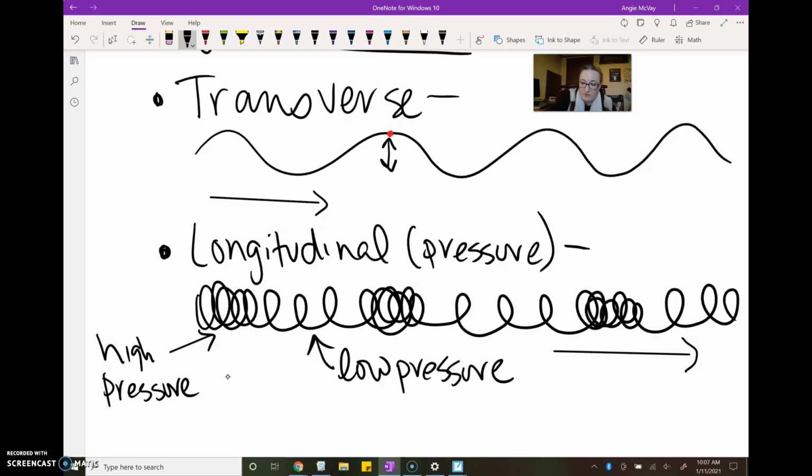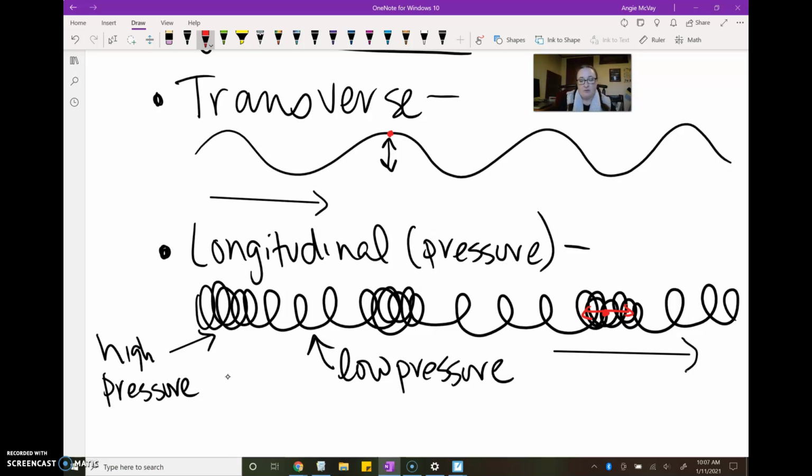All right, so the wave is propagating down the slinky or through the medium, but any individual particle on this type of wave is not bobbing up and down, it's actually moving left and right.